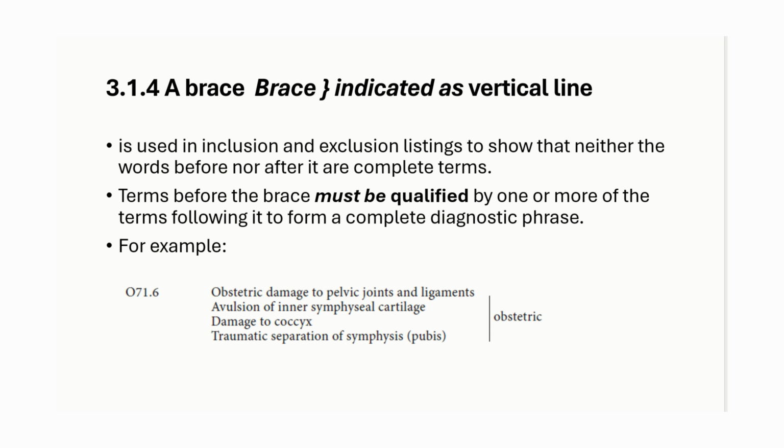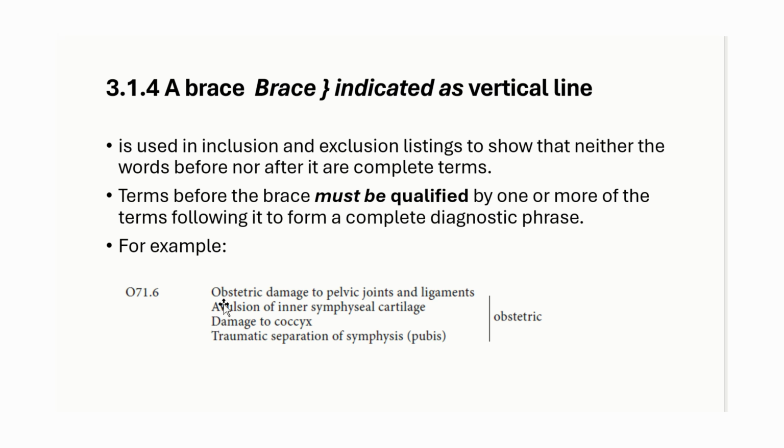The brace, usually indicated with the vertical lines, is used in inclusion and exclusion listing to show that neither the words before nor after it are complete terms. Therefore, terms before the brace must be qualified by 1 or more of the terms following it to form a complete diagnostic phrase.